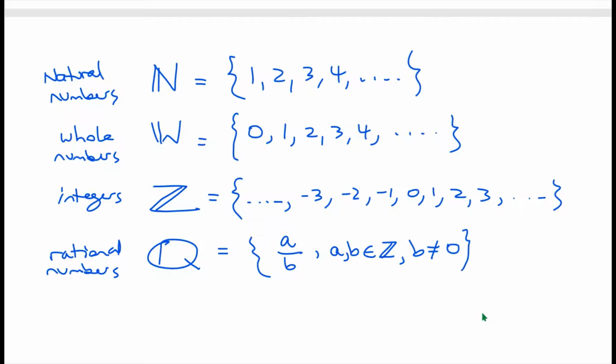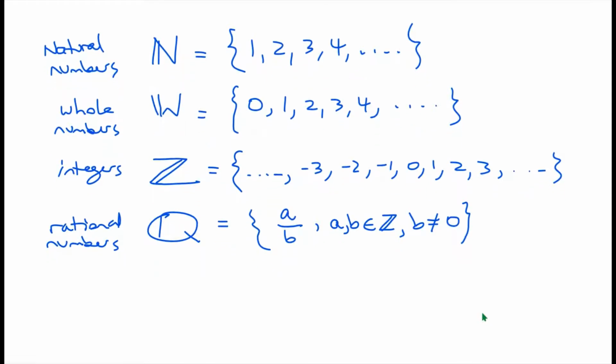So it's the set of anything that can be written as a fraction, as long as A and B are both integers, so positive or negative whole numbers, and you can never have a 0 in the denominator. So, for example, some examples of rational numbers could be a half, that's a fraction, 5/8, -5/8, 0.4, right, because that's just 4/10.